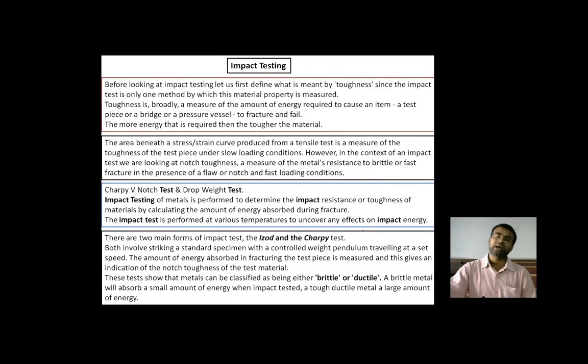And what will be the scenario of that particular material which is impacted by some other material? दोनों ही मटेरियल्स के ऊपर कुछ न कुछ एक्शन और रिएक्शन फोर्सेस अप्लाई होंगे.